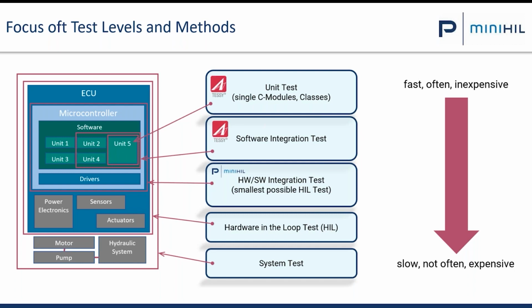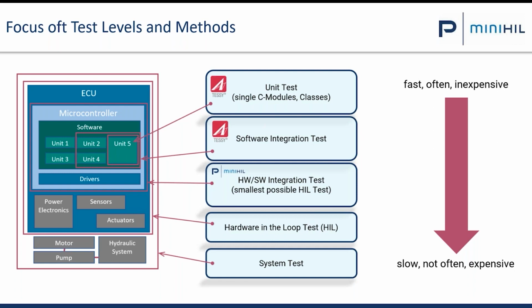Then a big hardware in the loop test is much more expensive and usually is not run that often. And a system test is in many cases manual or partially manual, so you will not run it very often, but it's very, very important.